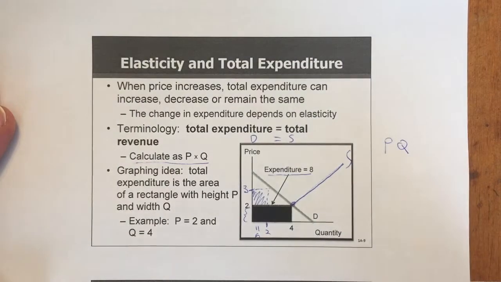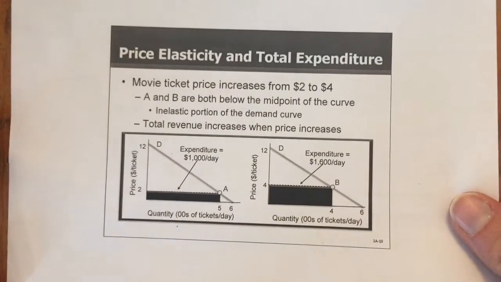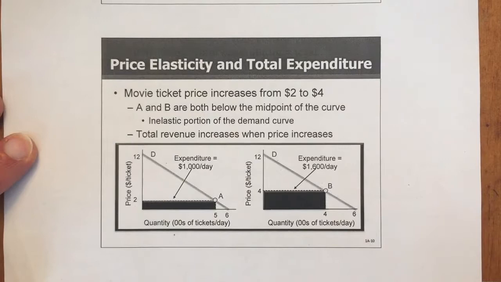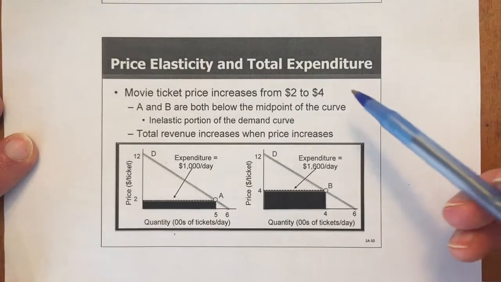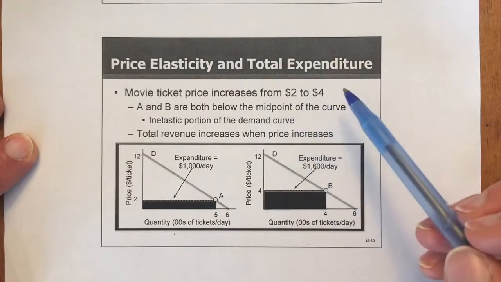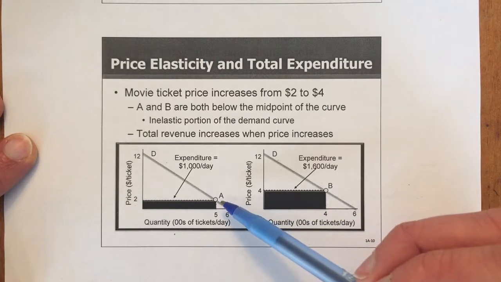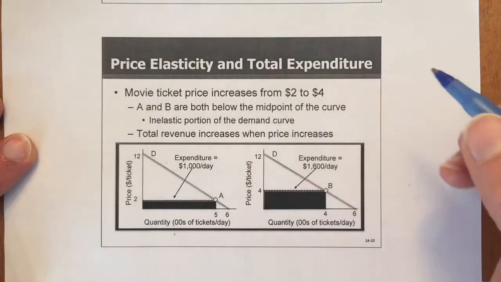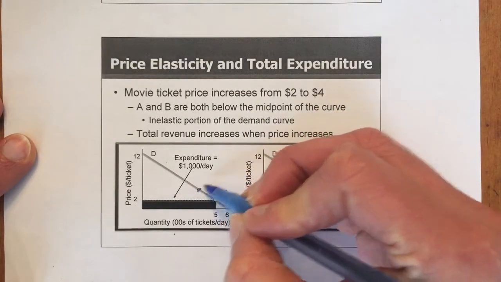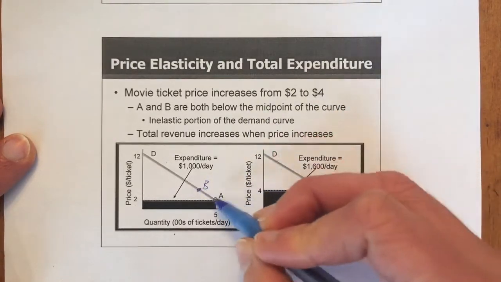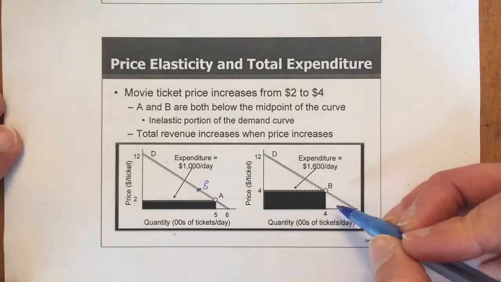But let's talk about some different examples. If movie ticket prices increase from $2 to $4, it goes from point A right here to point B, a place that is slightly higher on this curve, but it's also shown over here.